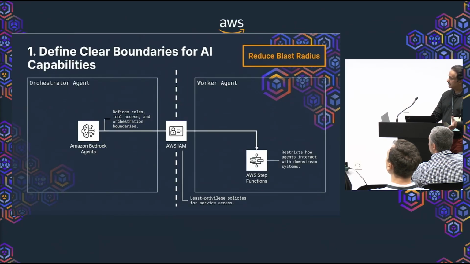So the first step, setting up clear boundaries for AI capabilities, defining clear roles, tool access and orchestration boundaries within Bedrock agents, and within IAM, setting up least privilege policies for service access, and Step Functions restricting how agents interact with other systems and agents.